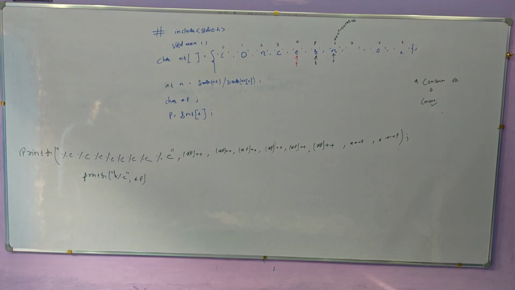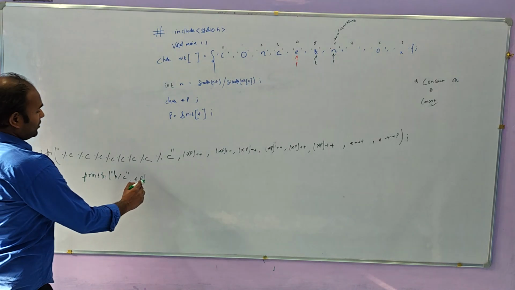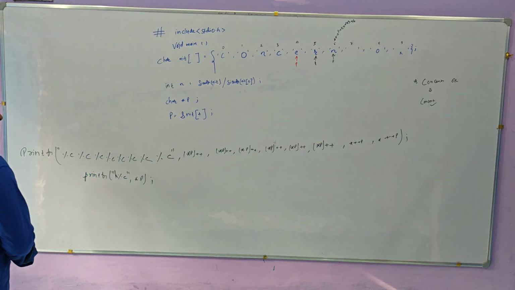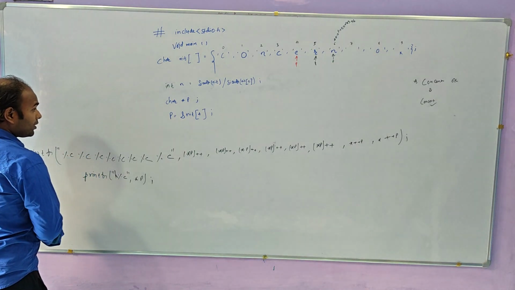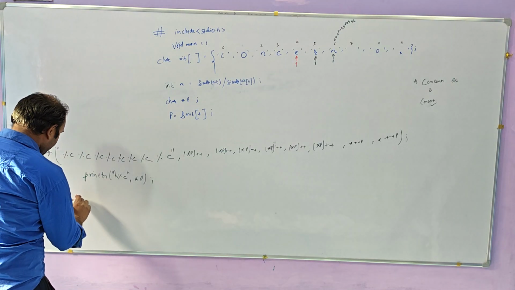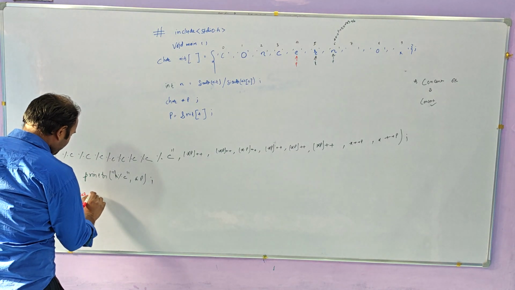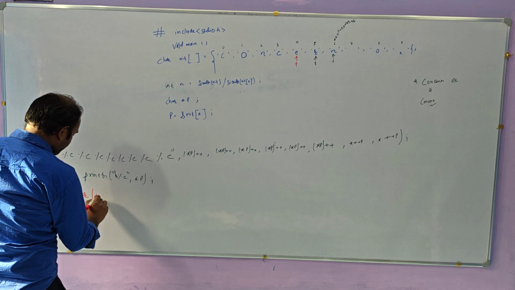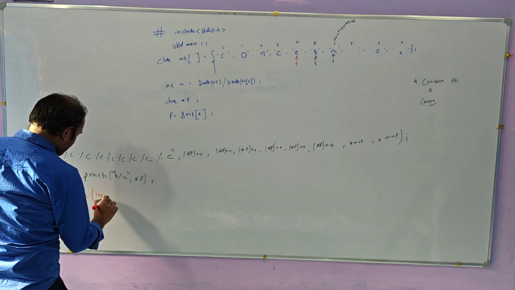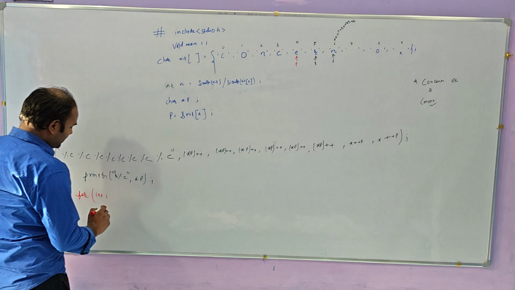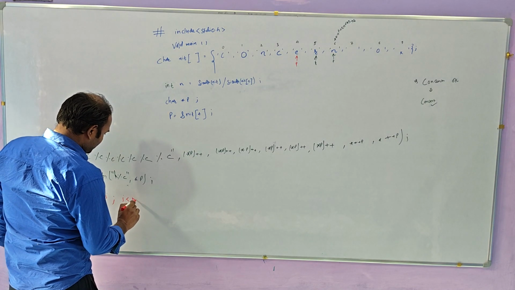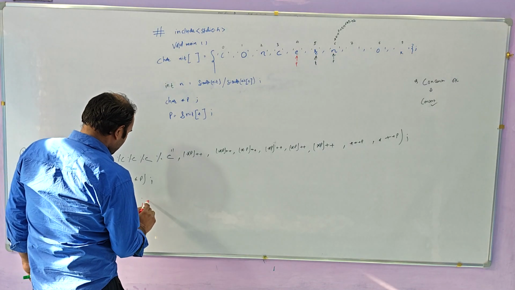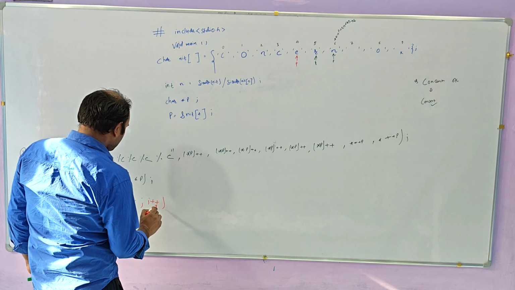Now we need to use a for loop: for int i, i less than n, i plus plus.